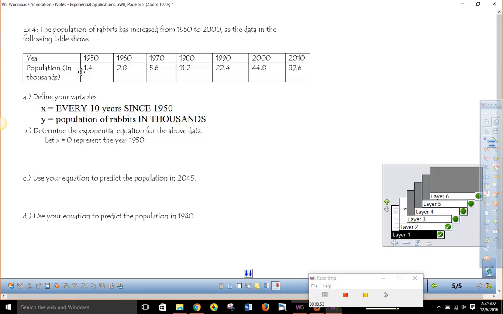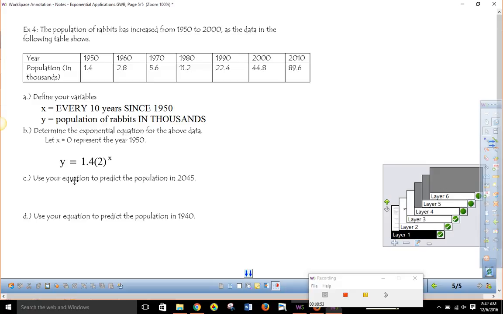So we have our starting value of 1.4, which is awesome, and you need to figure out what you are multiplying by each year, what's happening to these numbers. Hopefully you can see that they're doubling, right? So if they're doubling, you are multiplying by 2. So I start with 1.4, I'm doubling it every 10 years since 1950, okay?